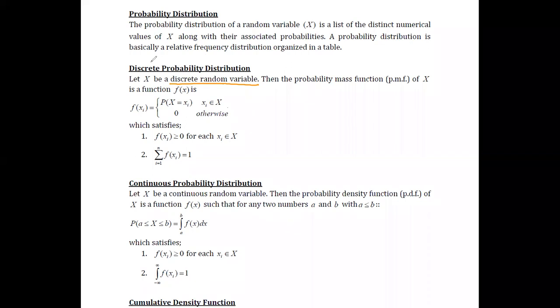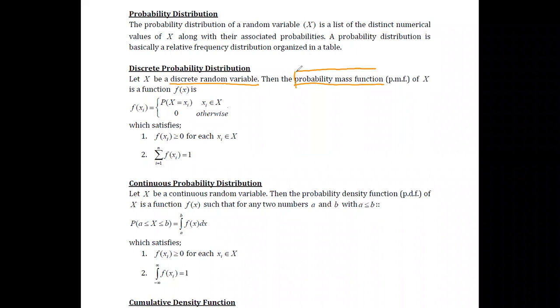And once you have constructed a discrete probability distribution, I told you that you can write it in equation form. If you write the discrete probability distribution in equation form, the function you write is said to be the probability mass function.